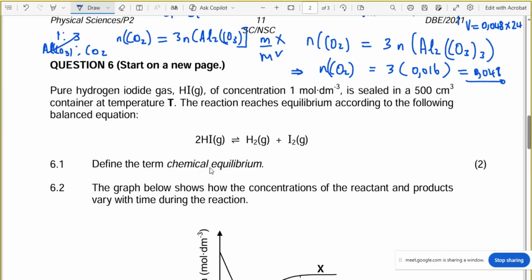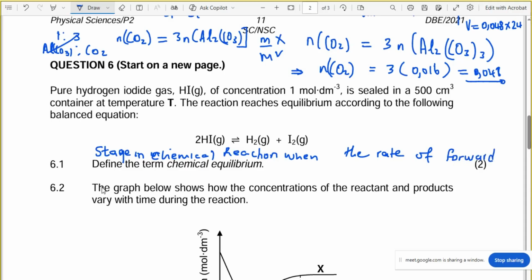We know that chemical equilibrium is a stage in a chemical reaction where the system tries to oppose change, when the rate of the forward reaction and the reverse reaction are equal.